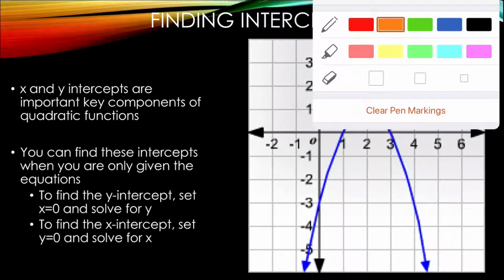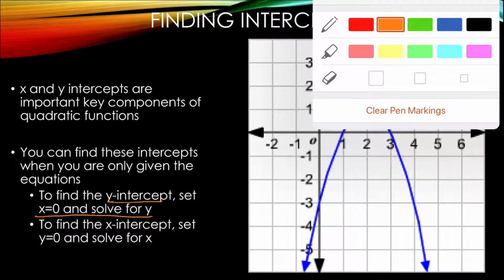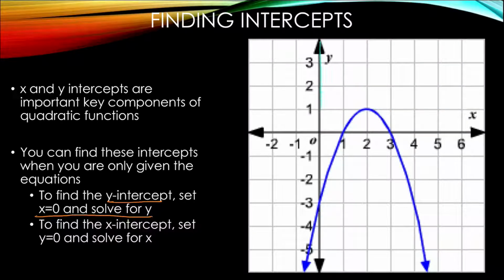Okay, finding intercepts. X and y intercepts are important key components of quadratic functions. We can find these intercepts when you're only given the equation. To find the y-intercept, we're going to set x equal to 0 and solve for y. The y-intercept is where it crosses the y-axis right here.